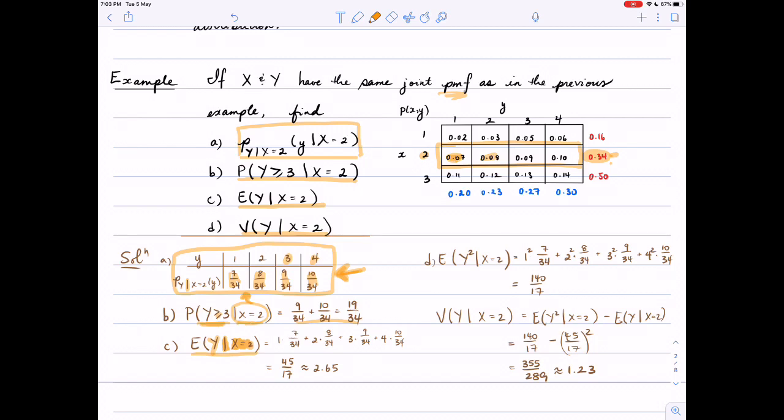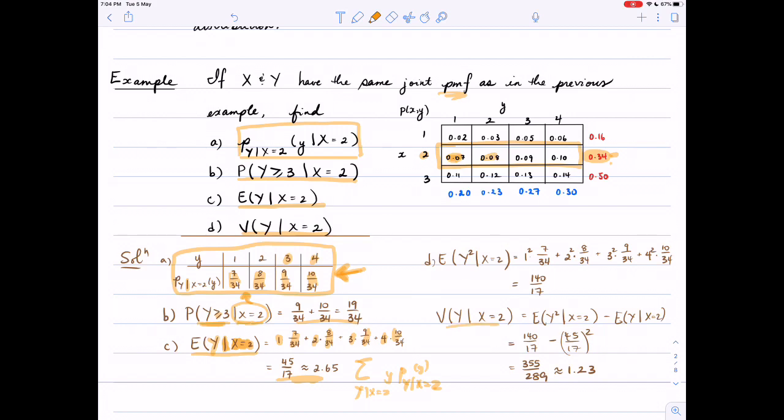We are doing the sum of y times p of y all the way along, and you get this value. We're doing the sum over all of the y values given x equals 2 of y times the probability of y given x equals 2, exactly as you normally would for expected value.